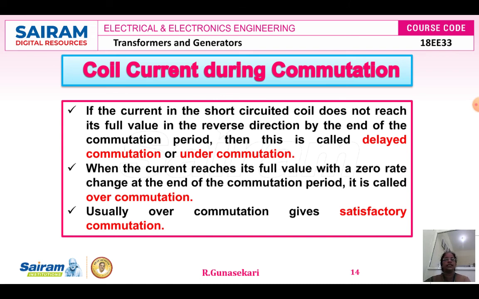Suppose the current reaches its full value with a zero rate of change at the end of the commutation period, this is known as over commutation. Usually over commutation gives satisfactory commutation in the DC generator.